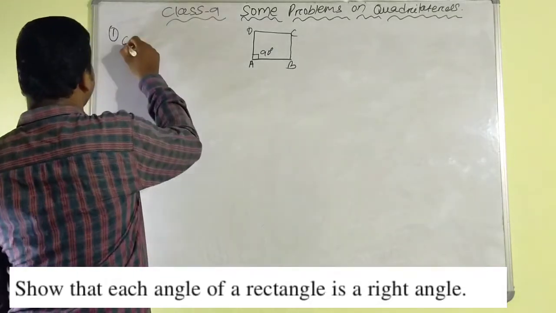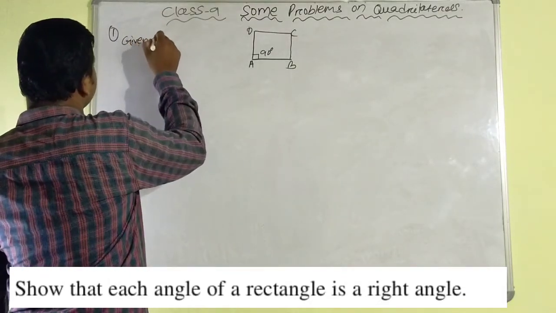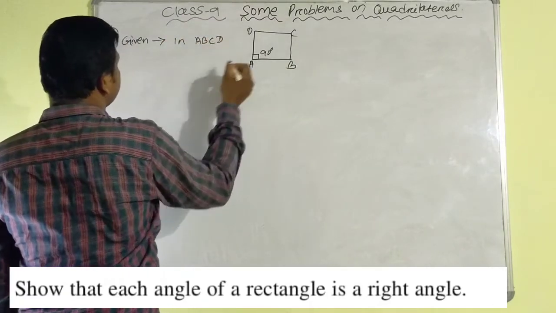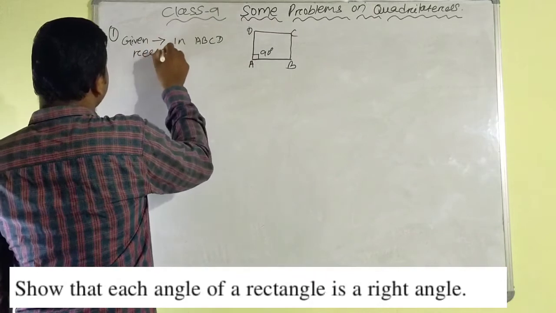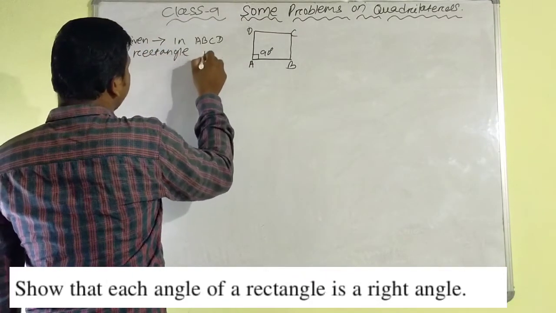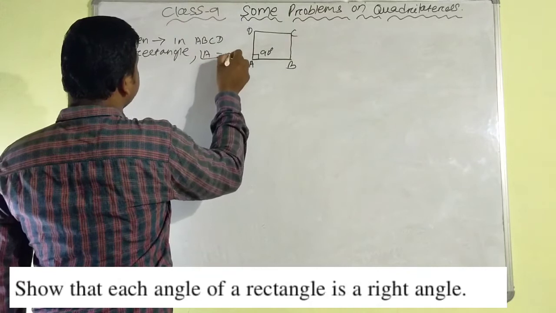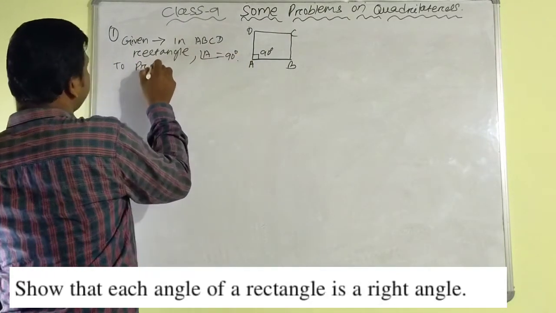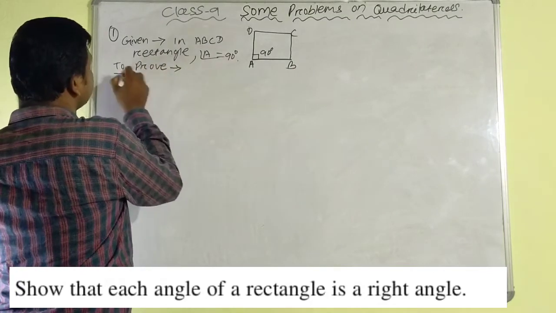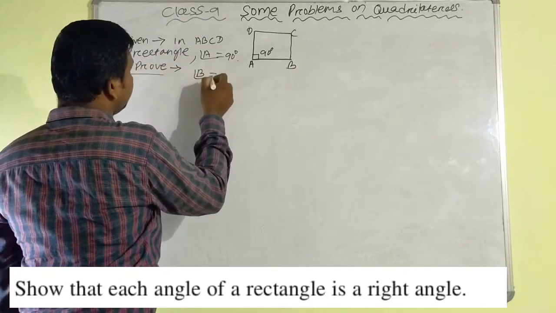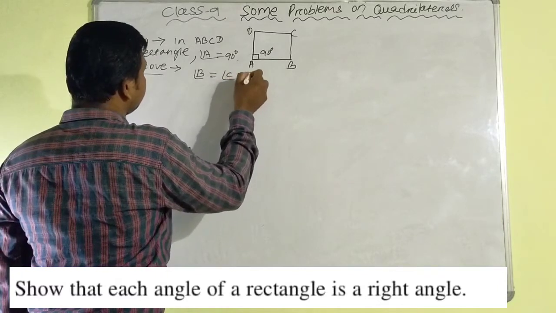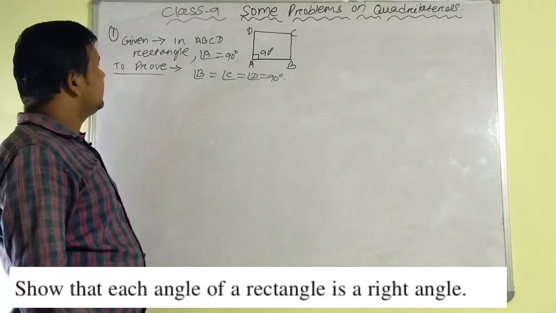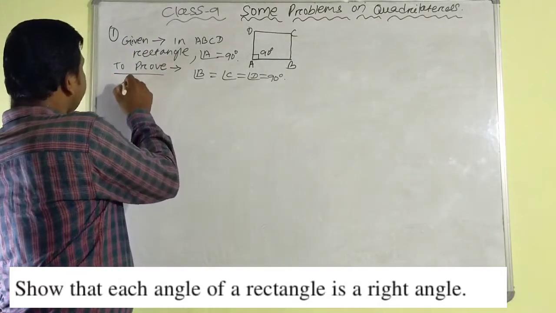So we'll write here, given: in rectangle ABCD, angle A equal to 90 degrees. Then what to prove? We have to prove that angle B equal to angle C equal to angle D equal to 90 degrees. Okay? Now come to the proof part.